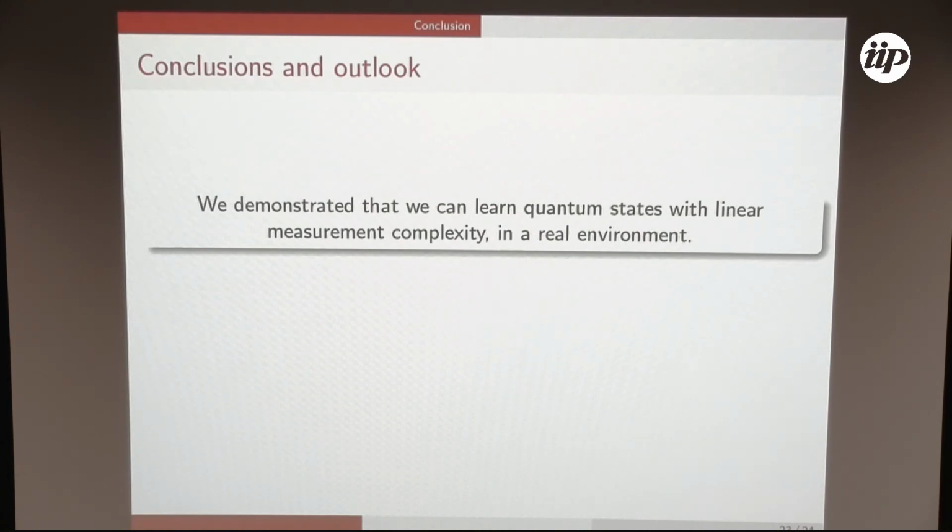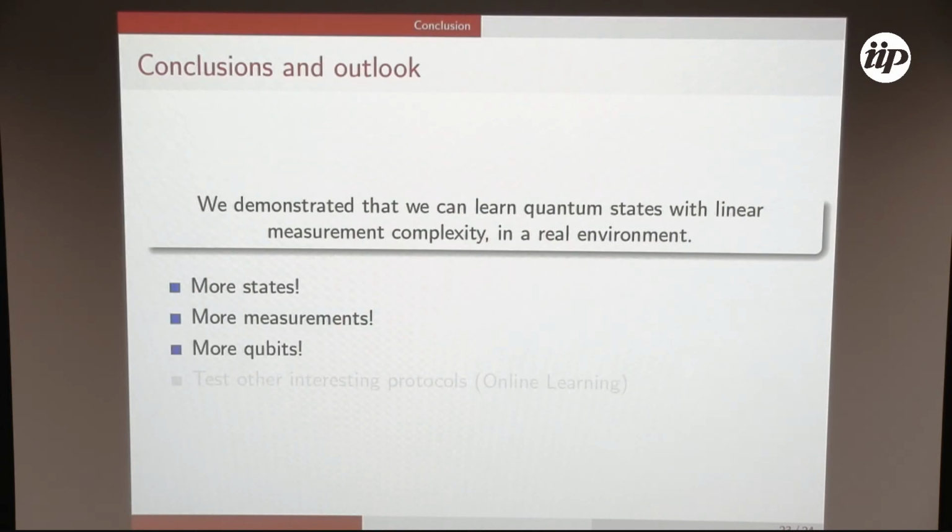So what we would like to do now is to test it with different states and different kinds of measurements, and of course with higher-dimensional systems.